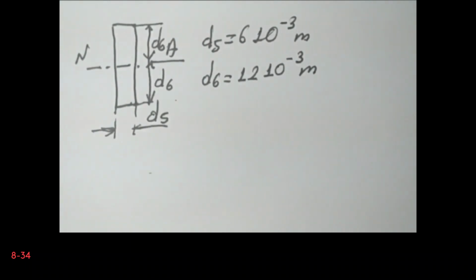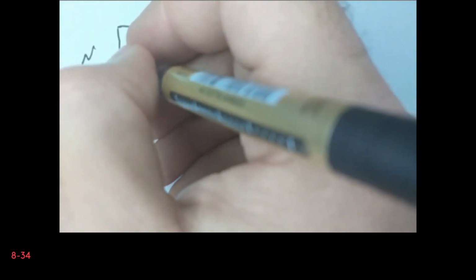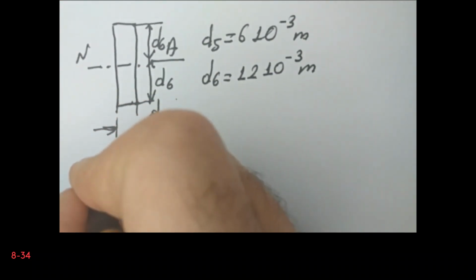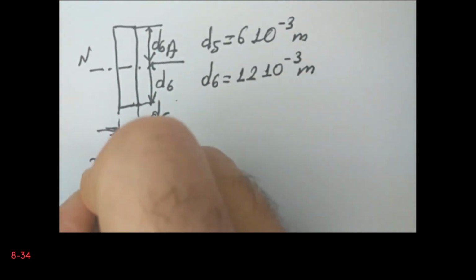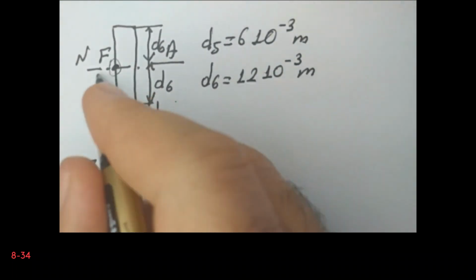Okay, now we can calculate the bending moment of inertia for this cross section. Let's say that this is If. We are asked for the stress at this point. For this cross section it is simple, the neutral axis location is known.